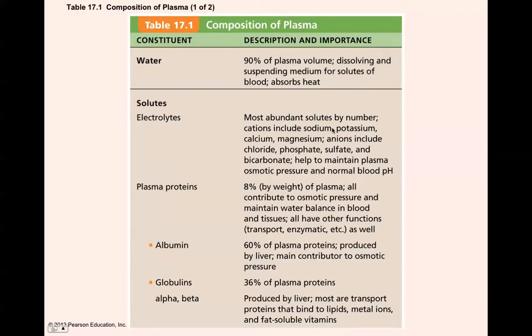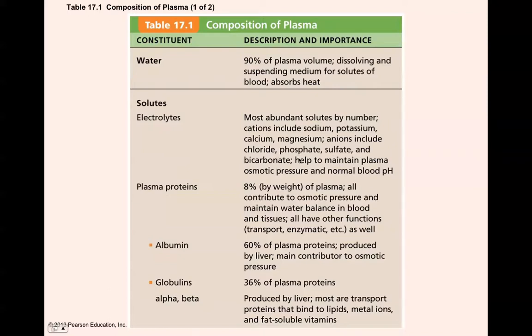The cations include sodium, Na+, potassium, K+, calcium, that's a Ca with 2 pluses, then you have magnesium as well. Anions include chloride ion, phosphate ions, and a phosphate is actually a group of atoms together, but there is a negative charge, sulfate and bicarbonate.